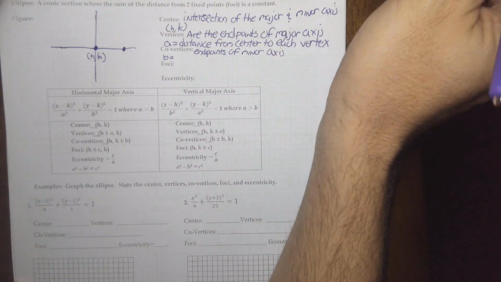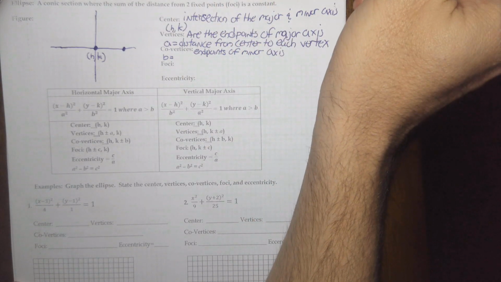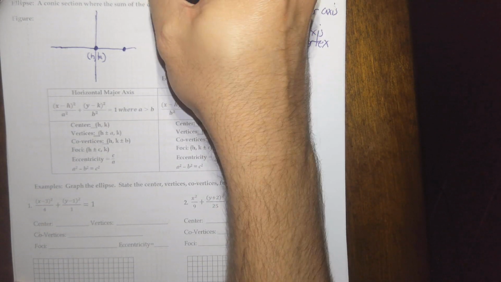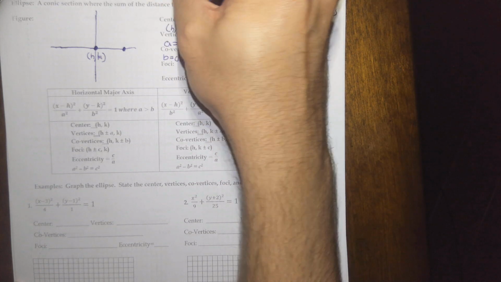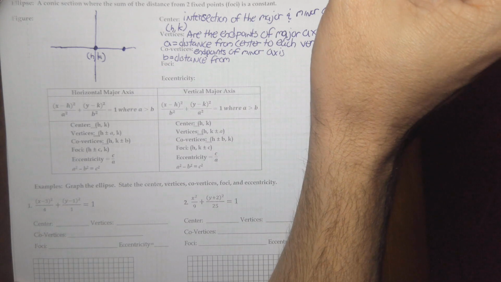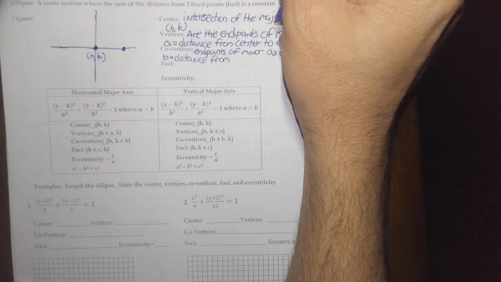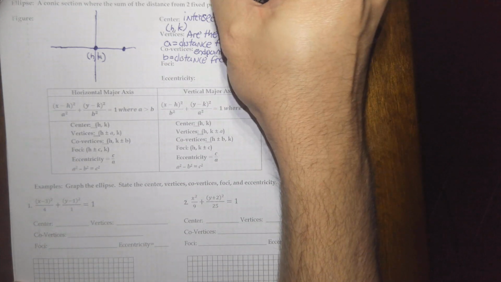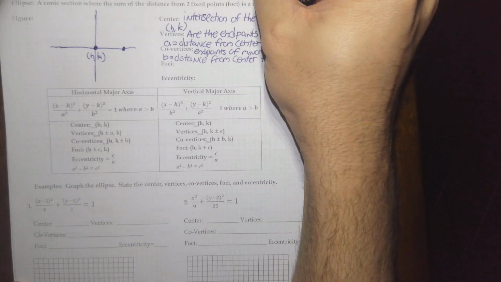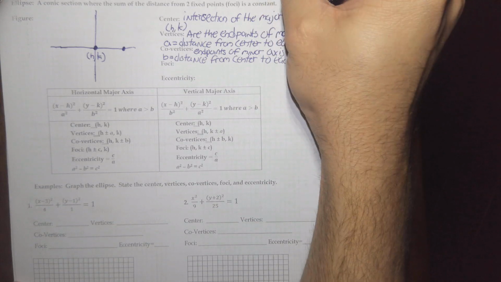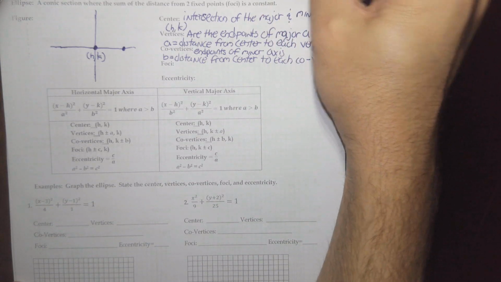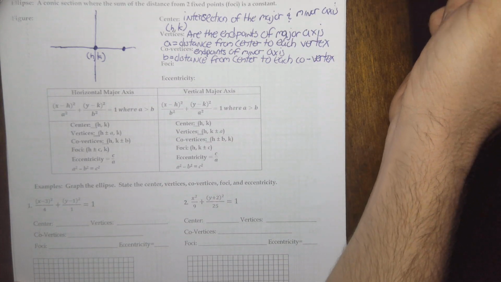B is equal to the distance from the center to each co-vertex.